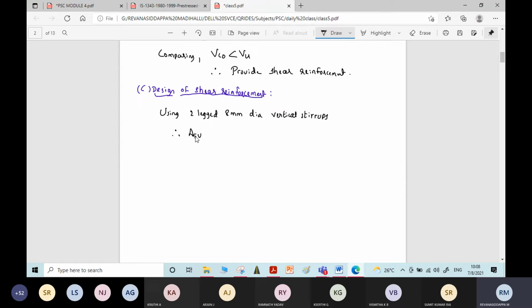ASV represents the area of vertical stirrups. ASV is equal to pi d square by 4 into 2. This is 2-leg, no? That is why it is multiplied by 2. What is the answer?